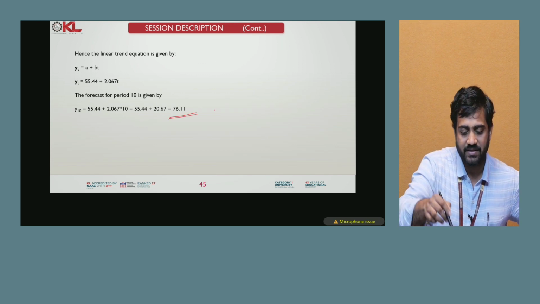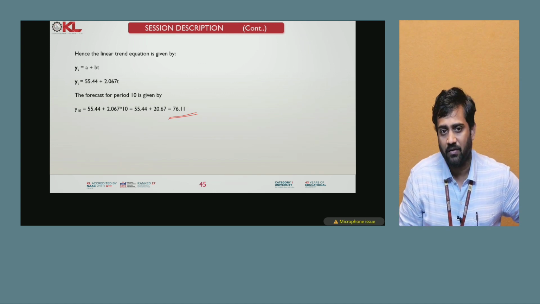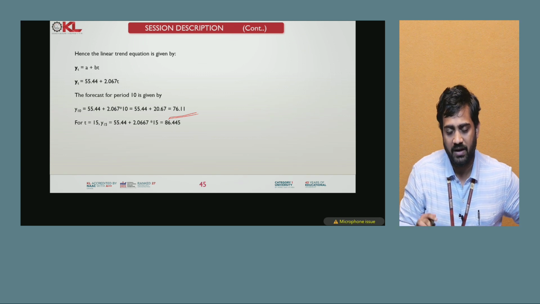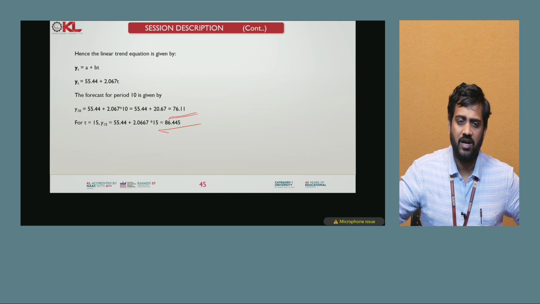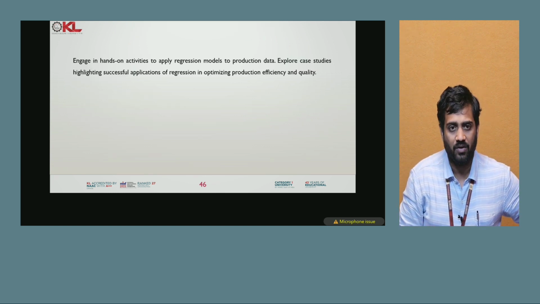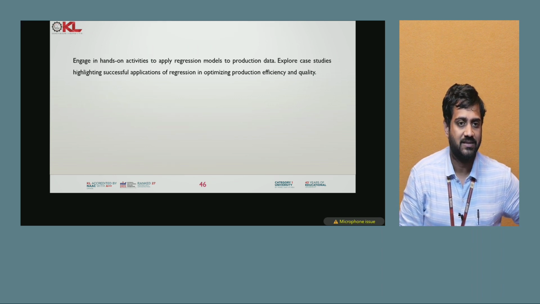The answer is 76.11. For the period of 15, y15 will be equal to 55.44 plus 2.067 into 15. It is 86.445. You can do it for 20, 25, whatever it may be. So like this we can get the forecast values with linear regression analysis.